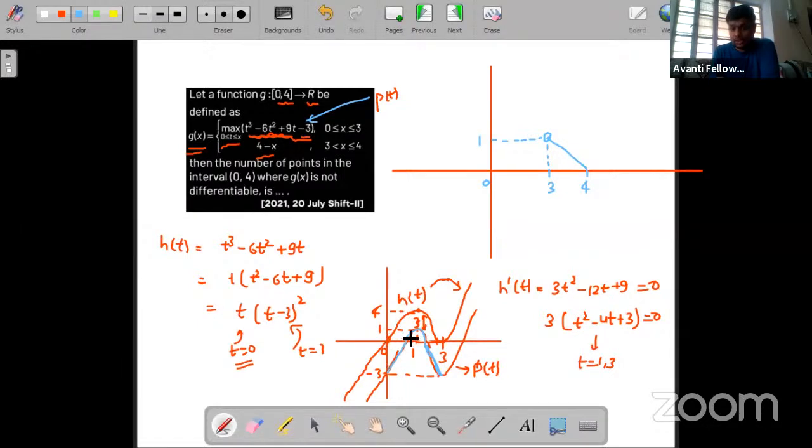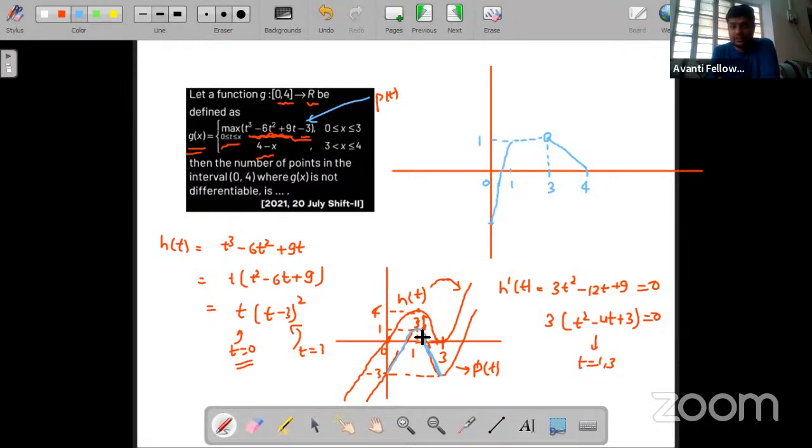If I move from 0 to 1, the maximum value will be the graph of p of t, because that value will increase. So the maximum value will increase. So from 0 to 1, the graph will go from -3 to 1, because the maximum value is 1.